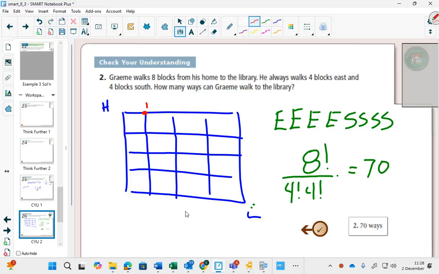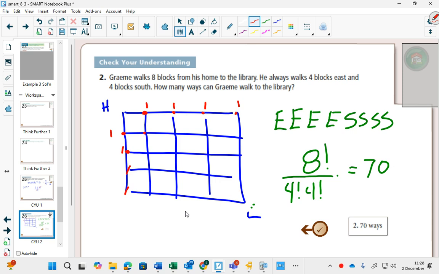If the library was right here, there would only be one pathway to get there. Technically, all of these ones, you see there's still only one pathway to get there. Even though it's 2 blocks, there's only the one pathway. And all of these would be 1 and 1 and 1 as well.